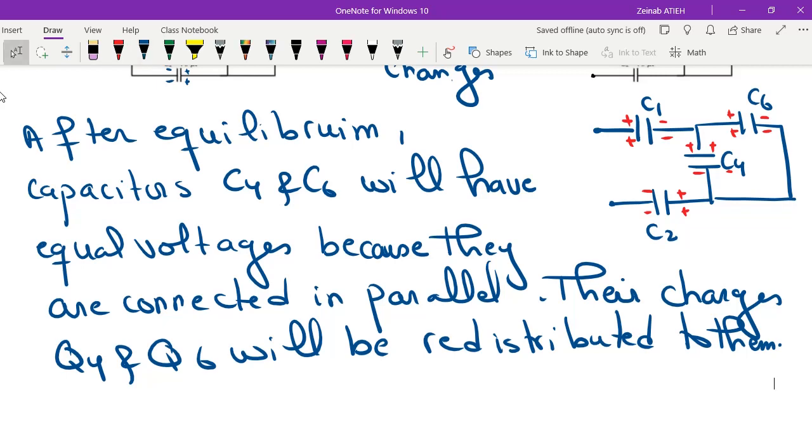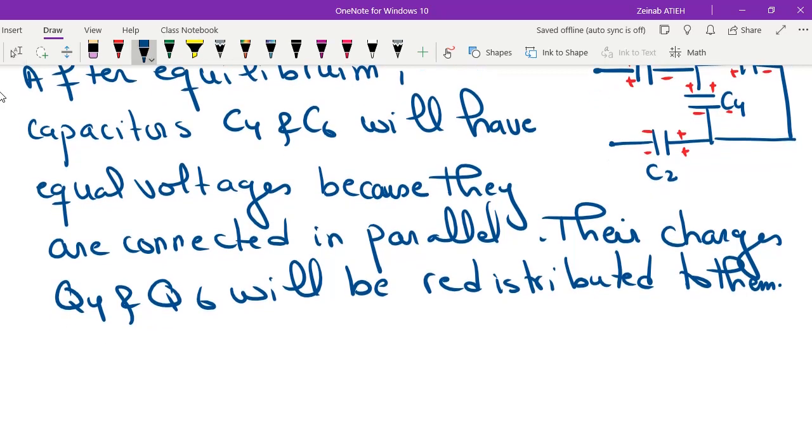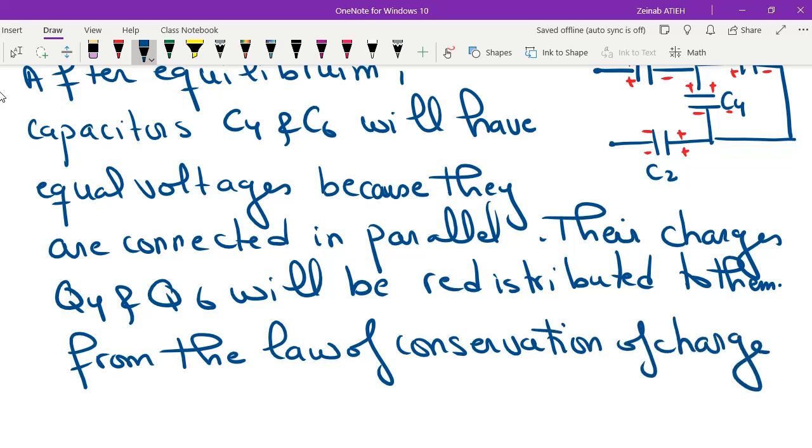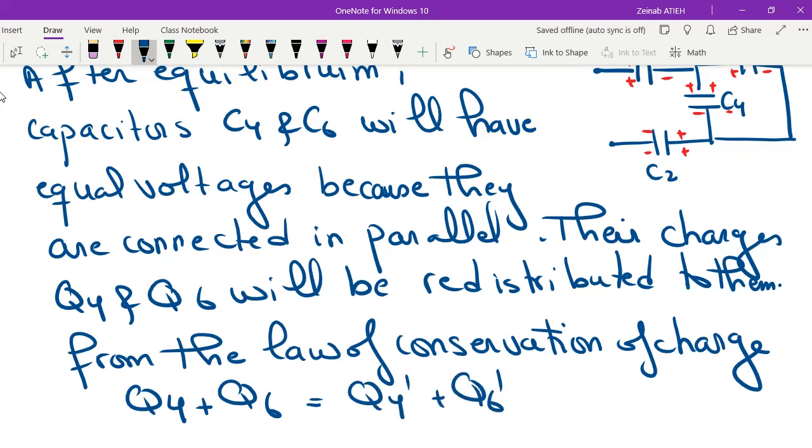So مثل العادة بنعمل two equations from the law of conservation of charge. Q4 plus Q6 is equal to Q4 prime plus Q6 prime.